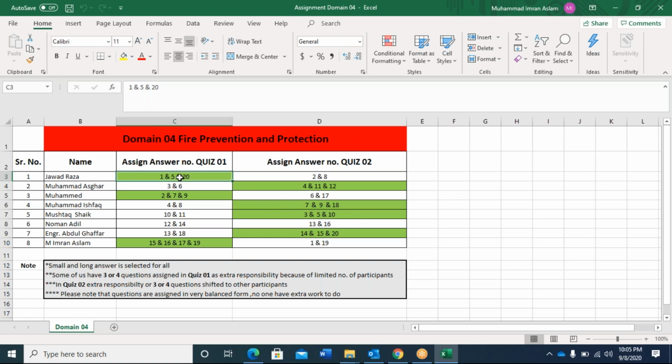Jawad, myself, Muhammad Askar, Mr. Ishfaq and Mushtaq Shaikh already presented, while for quiz 1 Numan Adil and Abdul Ghaffar were not present, so they have questions 1, 2, 4, 6, 7, 8, 9.